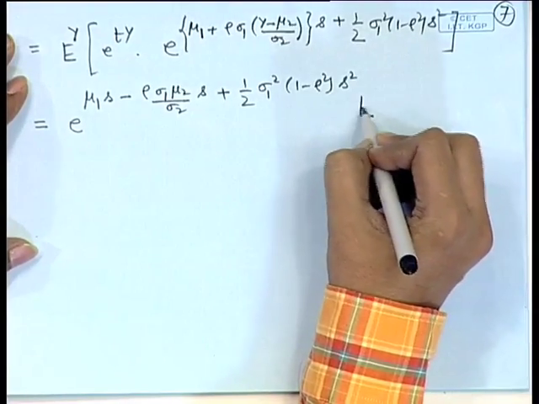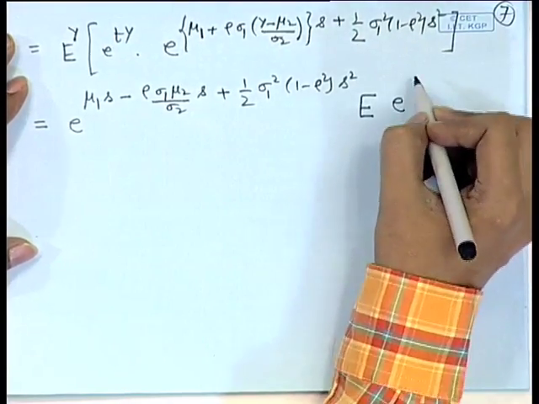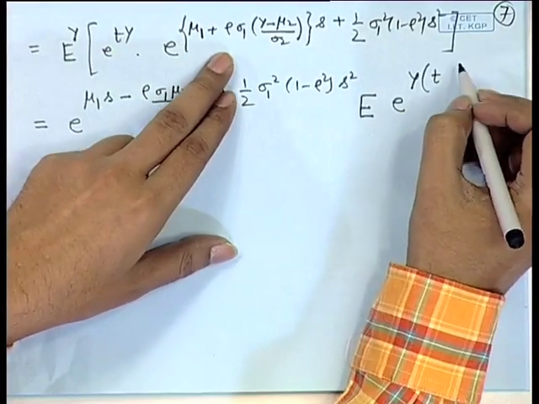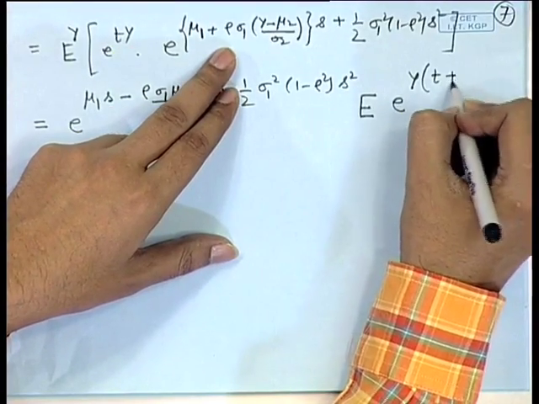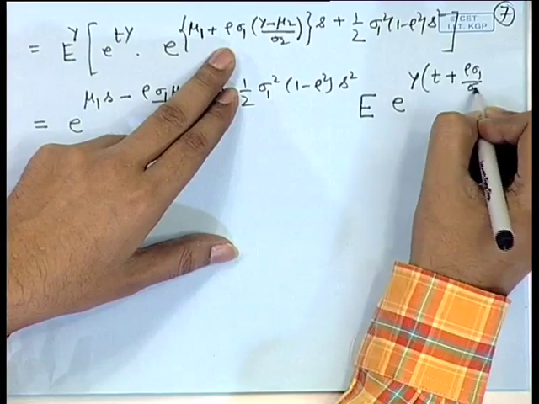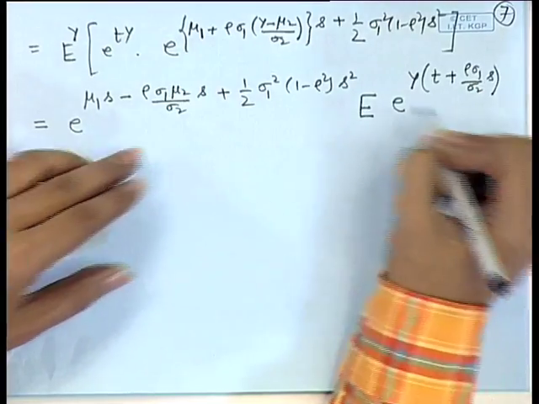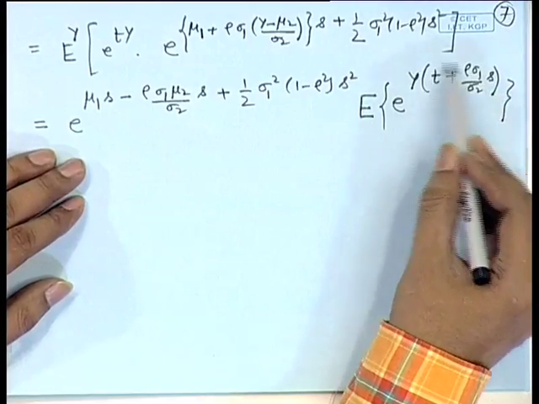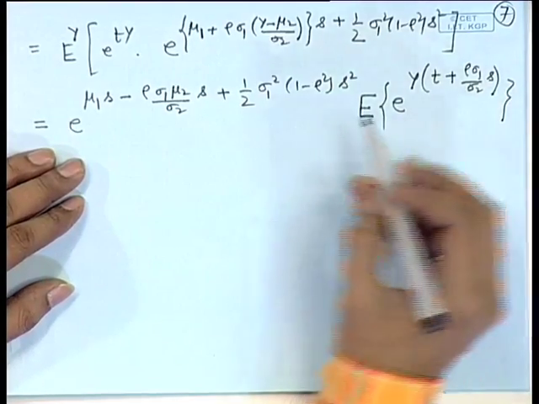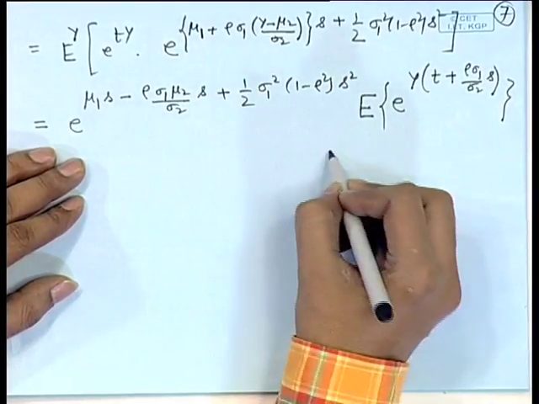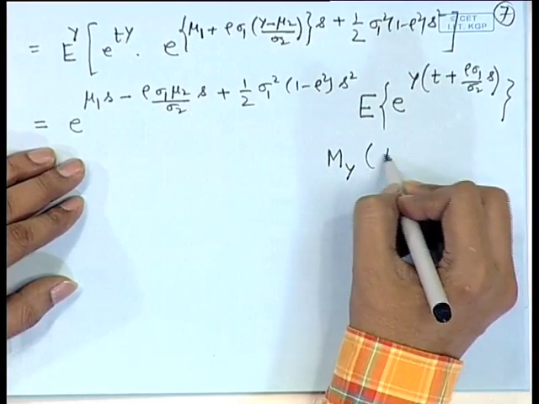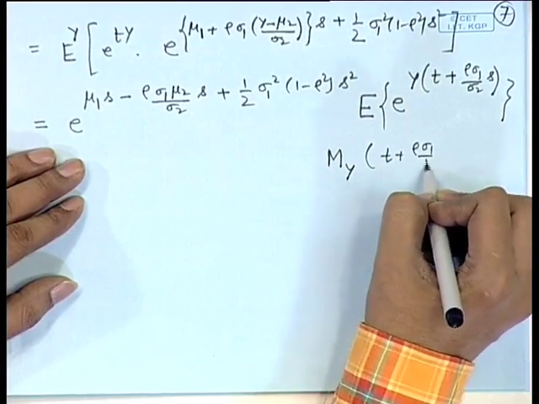We have the expectation of e^(Y (t plus rho sigma 1 by sigma 2 s)). So, we notice here that this is nothing but the moment generating function of Y at the point t plus rho sigma 1 by sigma 2 s.